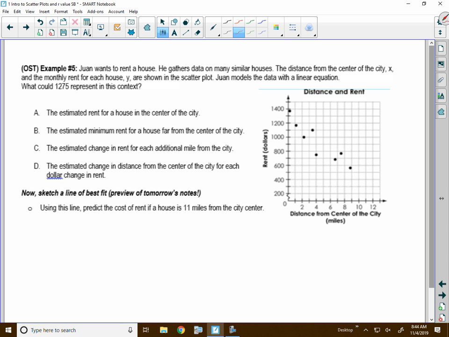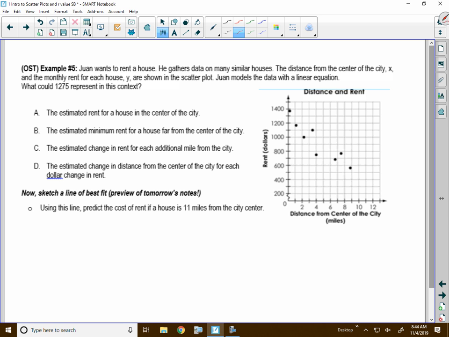Okay, are we ready? Yes. All right, so example number 5. The estimated rent. Let's focus. I need 5 minutes, group. Estimated rent for the house in the center of the city. What do you think? Well, it's $140. Okay, distance from the center of the city.